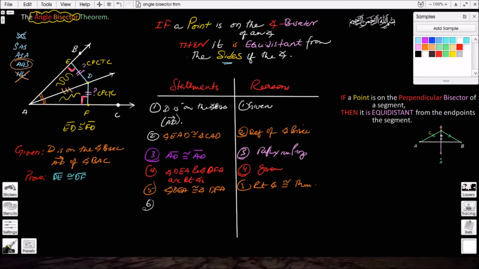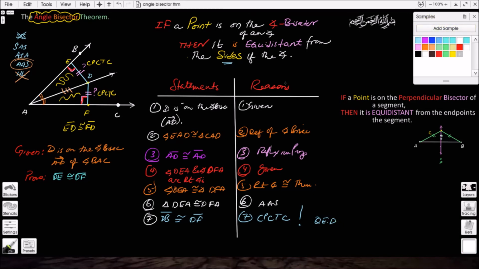Now we have angle, angle, side. Then we can say triangle DEA is congruent to triangle DFA, by angle-angle-side. And finally, we can say DE is congruent to DF, because of CPCTC. And ta-da, we are done. That's the proof of the angle bisector theorem.